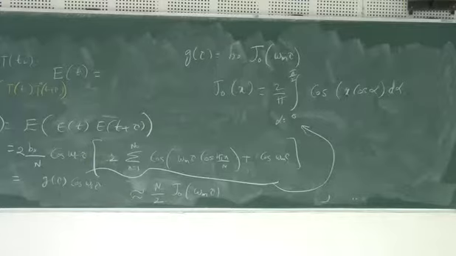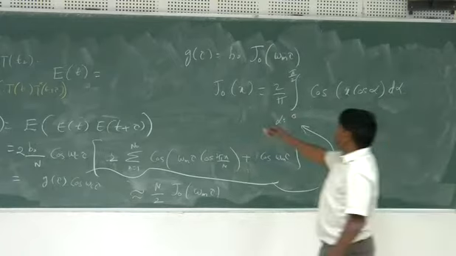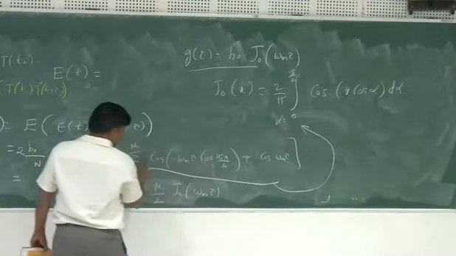Anyway, that N and this other N will cancel out, N naught by N by 2 and 2 by N will cancel out. Then the whole expression will be independent of N, because in the limit as N tends to infinity, this should hold, right?